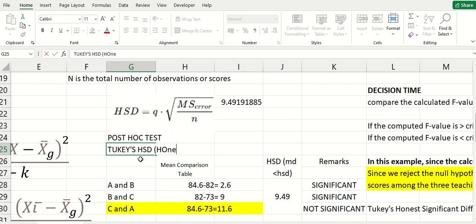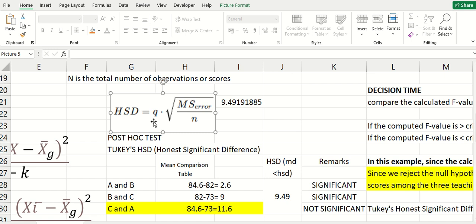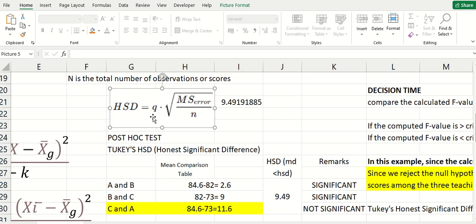HSD means honestly significant difference. If you use this, we can further validate our claim that there is a significant difference.